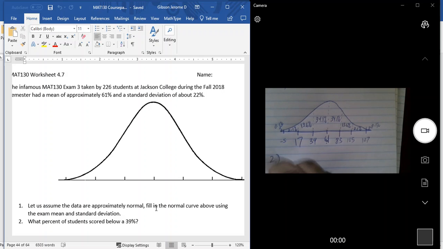So for number 2, below that would be 13.6% plus 2.1% plus 0.1%. And when we add all of these together, that'll be 15.8% that scored lower.